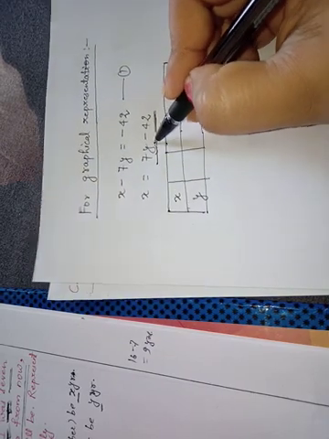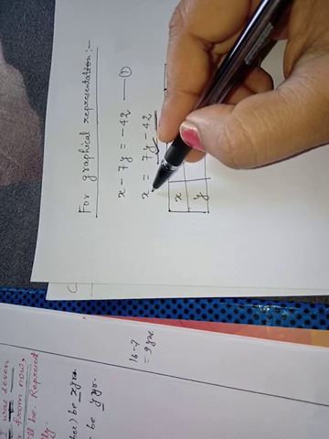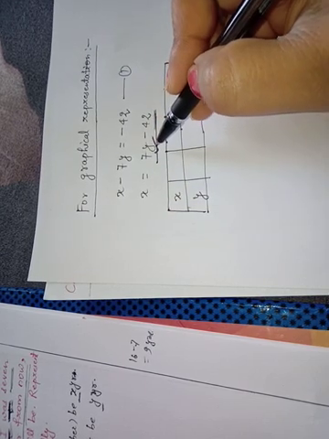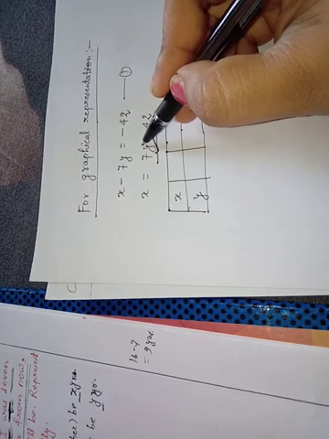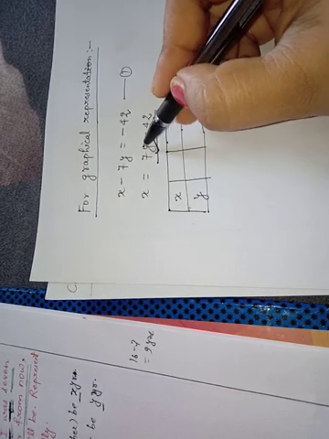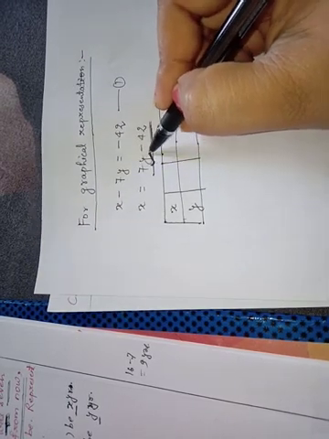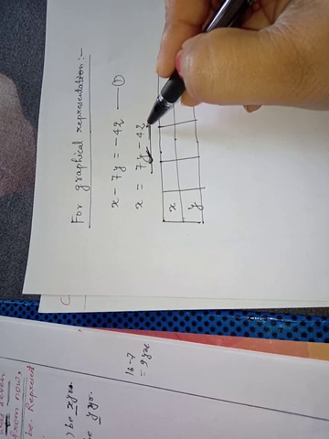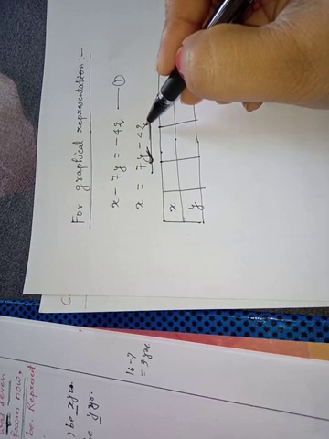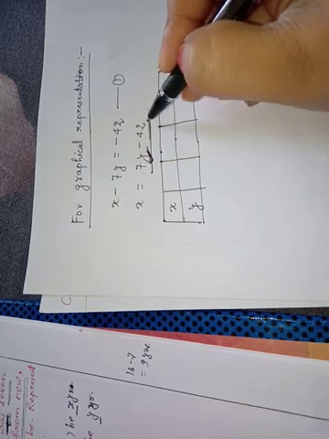It means if we put the value of y, we will get the value of x. In class 9 I already told you that firstly you take y equal 0, but it depends on the equation. If you take y equal 0 here, then x equals minus 42, and minus 42 is a large number. That's why you take according to the situation.